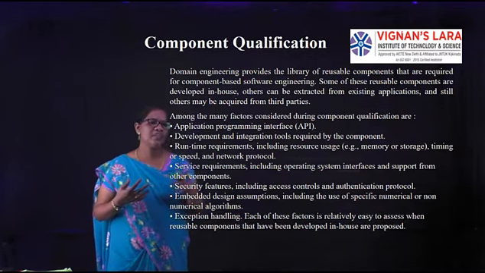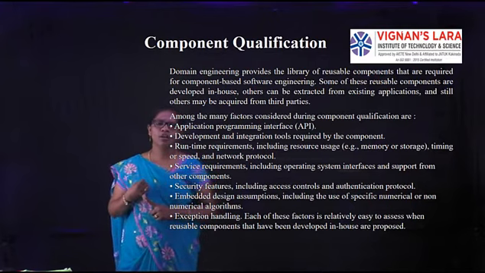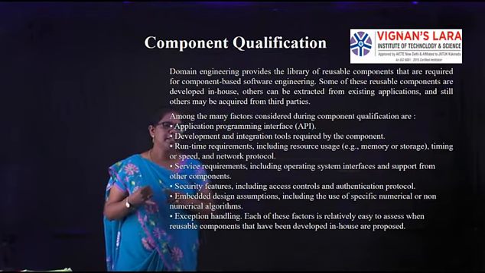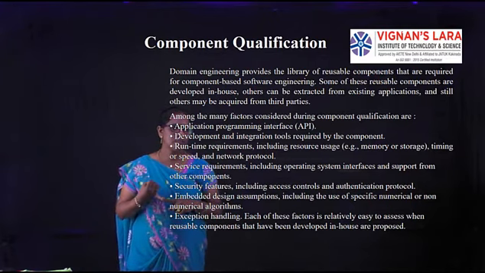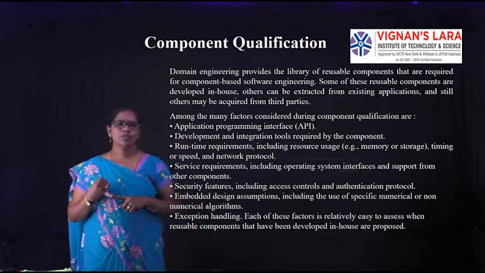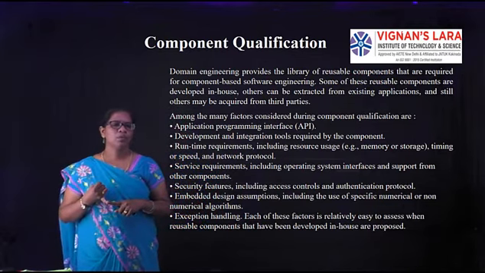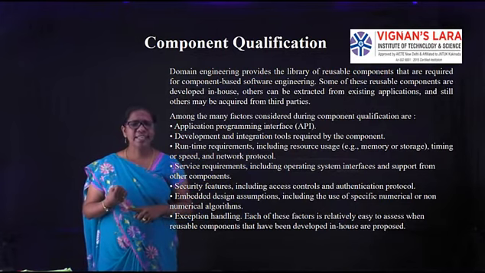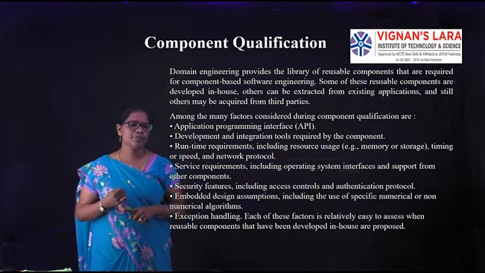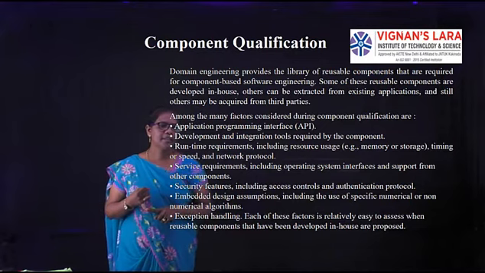So we have to check whether it has the application programming interface or not. And next, development and integration tools required by the components. Whatever development tools and integration tools we have in order to develop the software product. And next, runtime requirements.